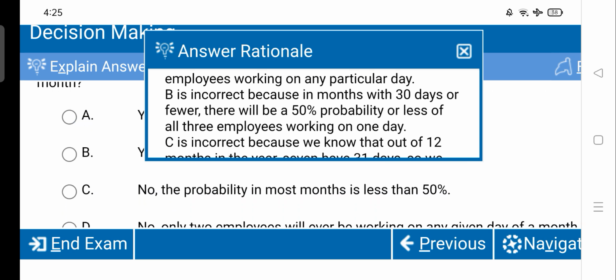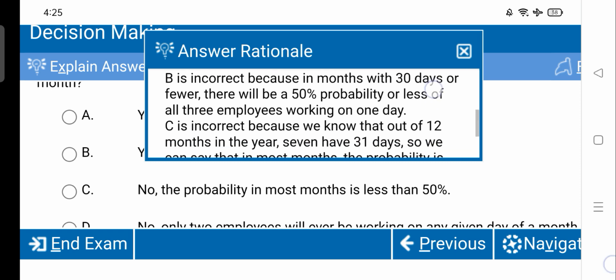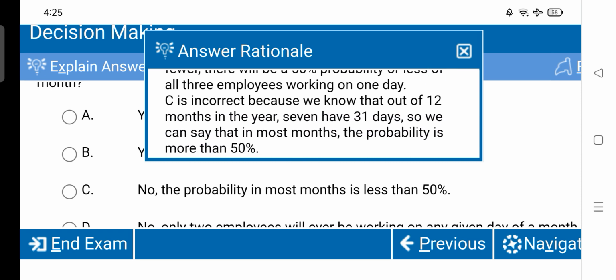Option C is incorrect because we know that out of 12 months in the year, 7 have 31 days. So we can say that in most months, the probability is more than 50%.